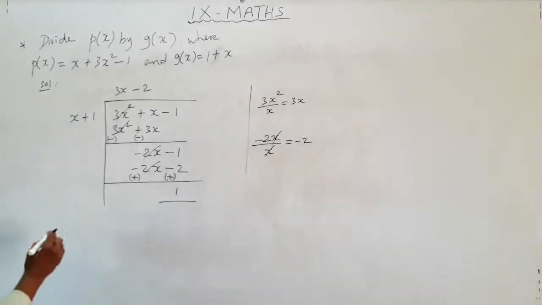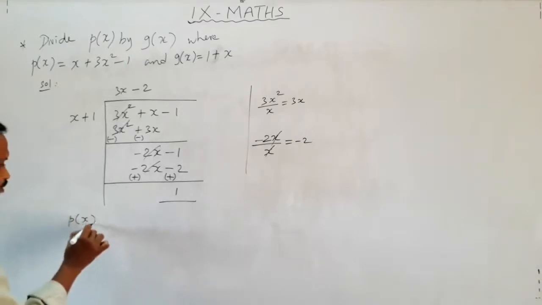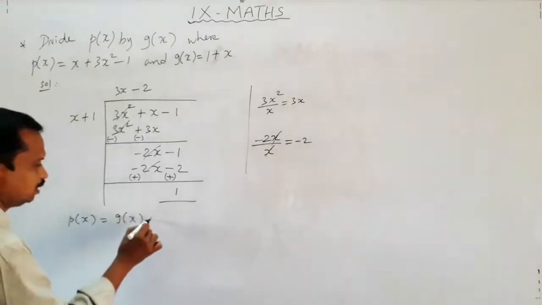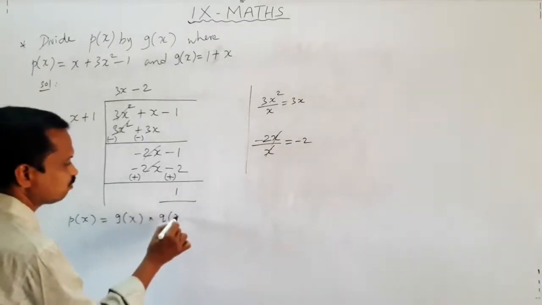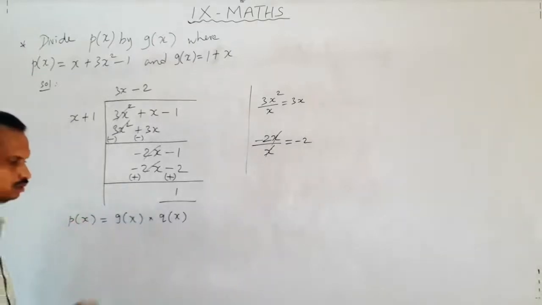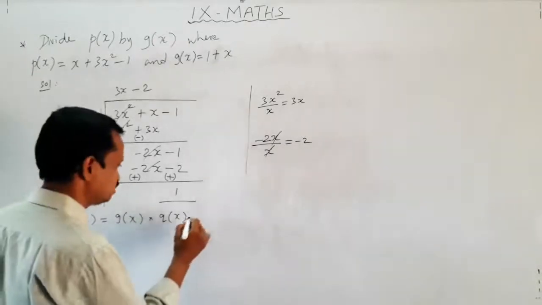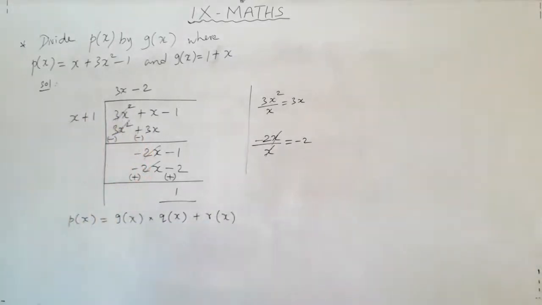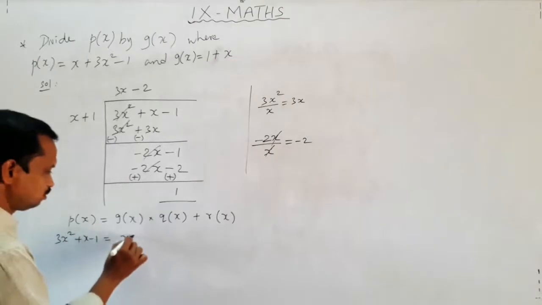So you can write what? P of x is equal to g of x, the divisor, into the quotient q of x. We can name it small q for quotient, plus r of x is the remainder. Small r refers to the remainder. So p of x is 3x square plus x minus 1, and g of x is nothing but x plus 1.